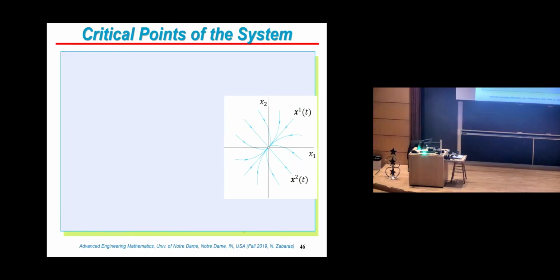Can you guess what x1 and x2 will come to be for this particular problem? I'm plotting x1 and x2. What is x1 and what's x2? My system of equations is 2 by 2. I have two equations, two unknowns. So what do you think x1 and x2 will represent? Which vector?